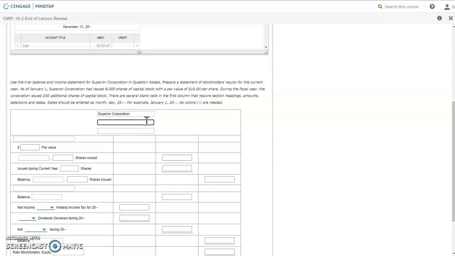Our what, we are creating a statement of stockholders' equity. And our when is going to be for year ended December 31st, 20-.